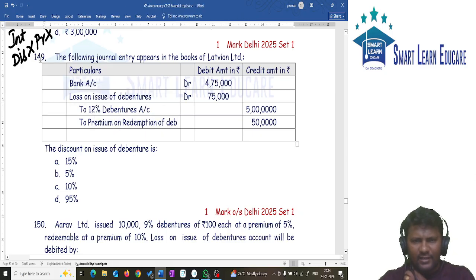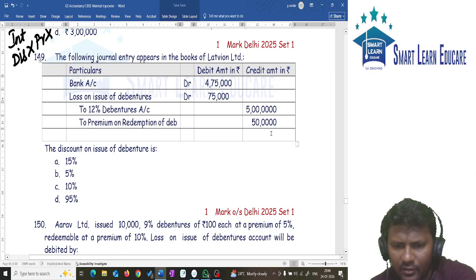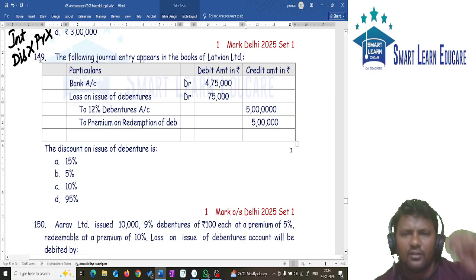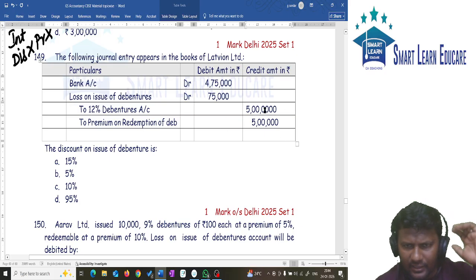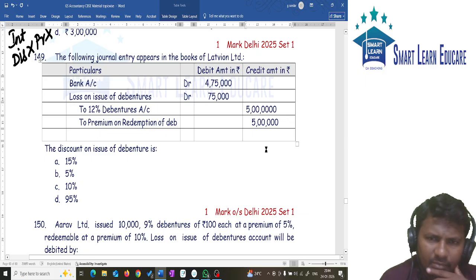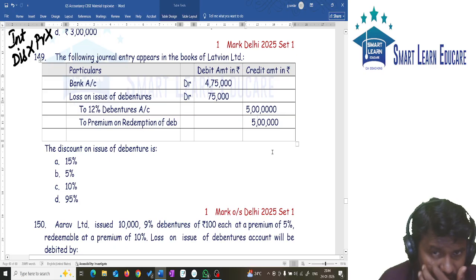It means a liability is created to the extent of 5 lakh, and 12% debenture is credited with 50 lakh.